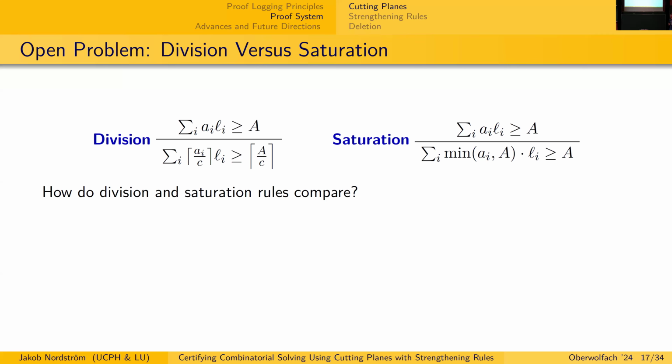Actually, I have an even simpler question. If you remove division, will it remain complete or not? No. Cutting planes with saturation is not implicationally complete. It's refutationally complete, but it is not implicationally complete. But then it answers your question in one direction. It does, yes.